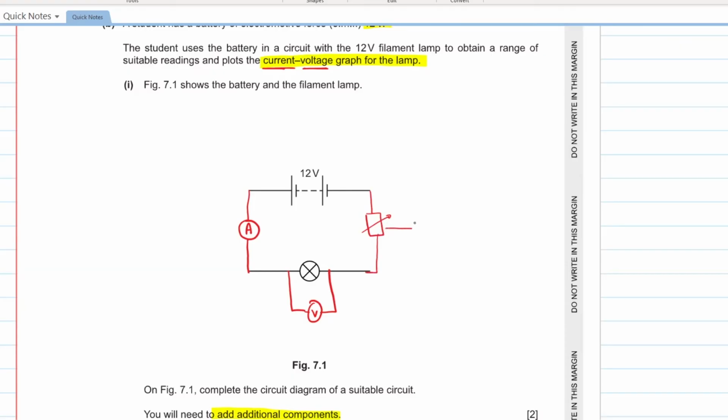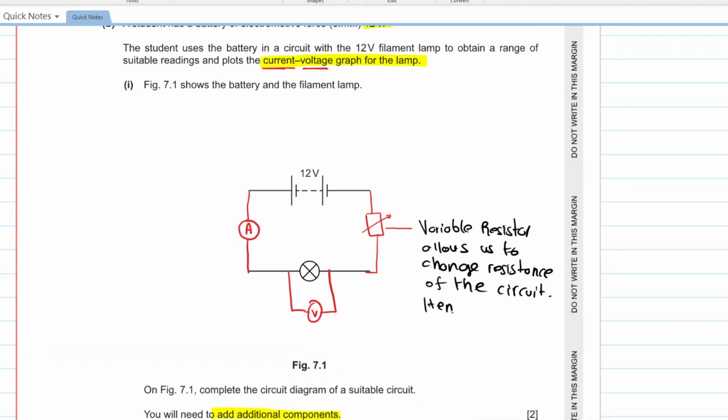This variable resistor, let me write it here. This variable resistor allows us to change the resistance of the circuit.